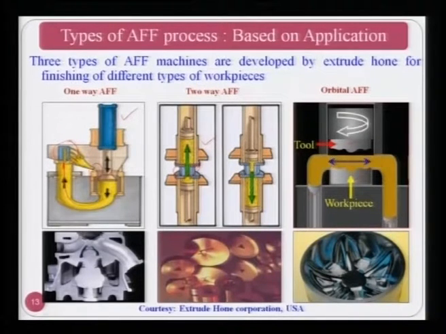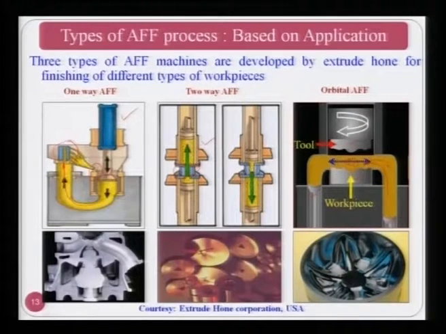This pushes the medium in both directions, and when it is being pushed and the piston which is holding the tool is rotated, then turbulence takes place in the medium and it removes the surface peaks from the workpiece.